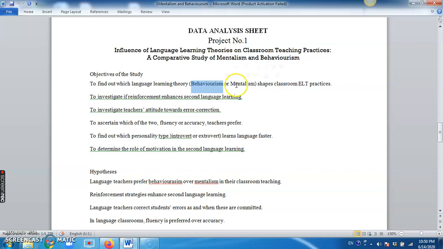But if someone is under the influence of mentalism, he or she may not be utilizing all these approaches, strategies and techniques. They believe that language learning is ingrained, and each one of us has been gifted with a language faculty, a language acquisition device.